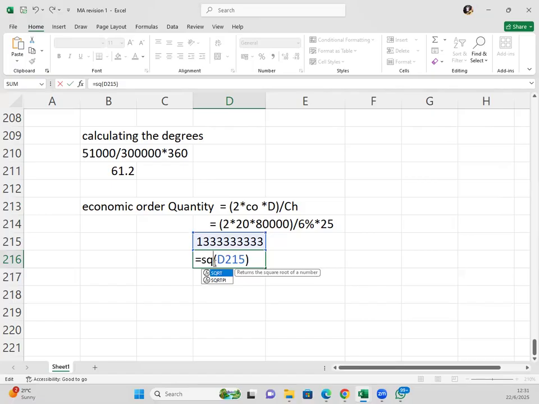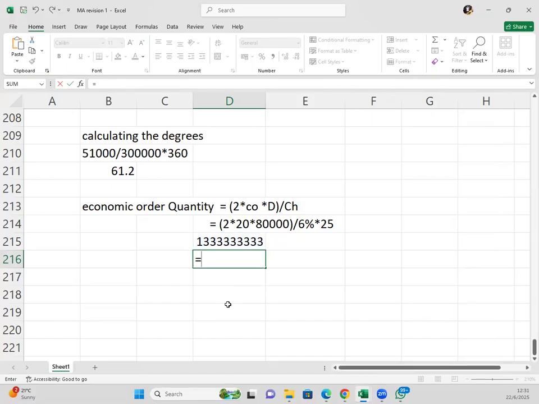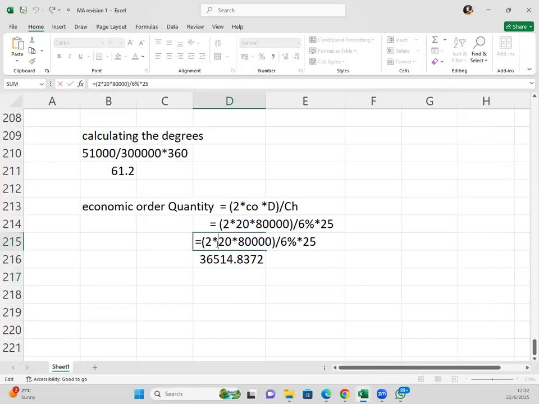Can you quickly work out the square root of that? Is my calculation correct here?